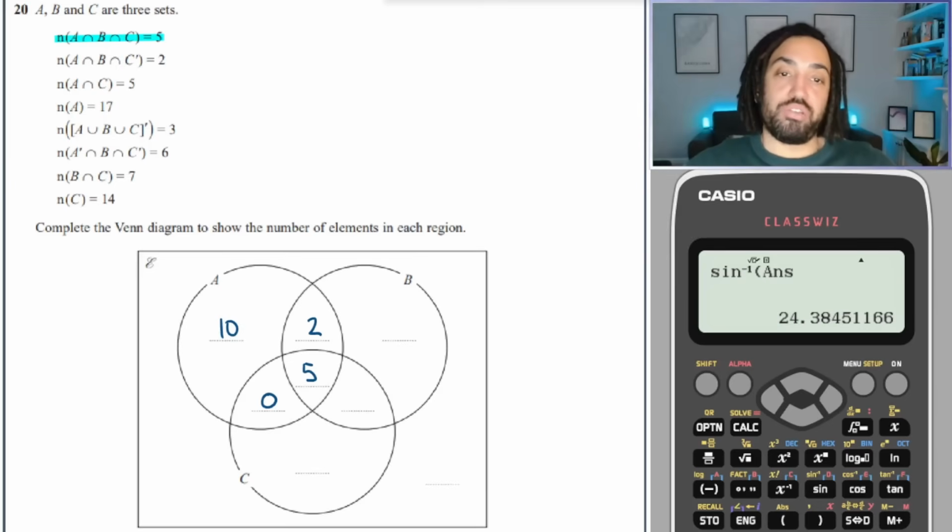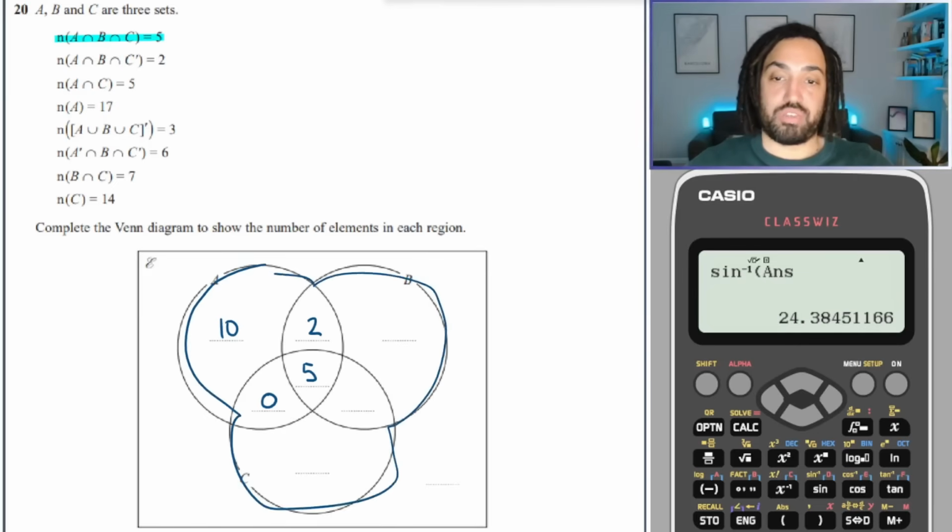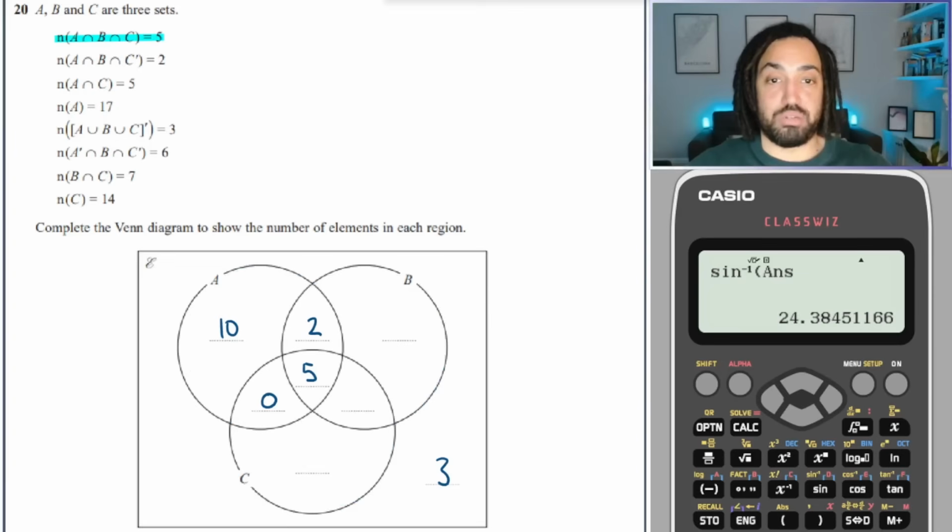Okay, so the union of A, B, C is everything that's inside A, B, or C. And it's saying what is not in there, because this dash means not, is 3. So that means that 3 goes on the outside. There are 3 elements that are not inside A, B, or C.